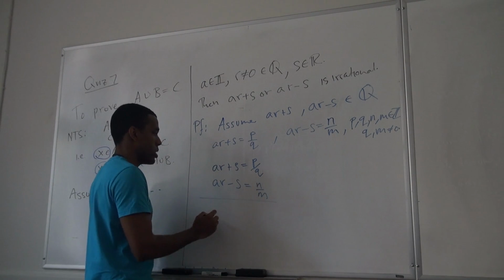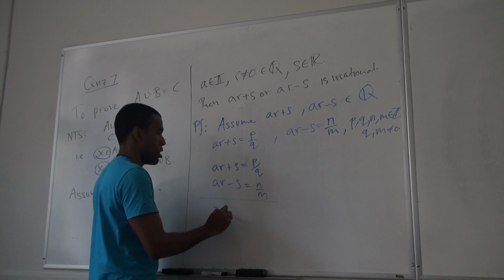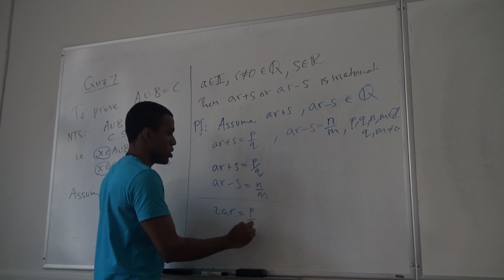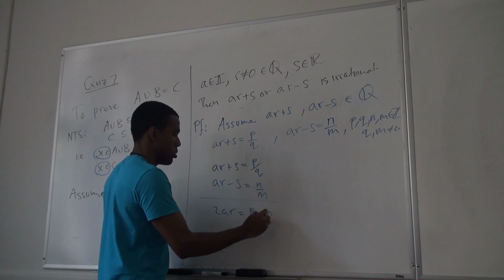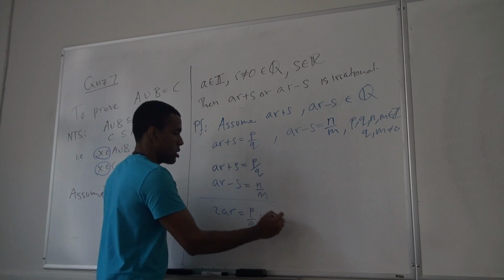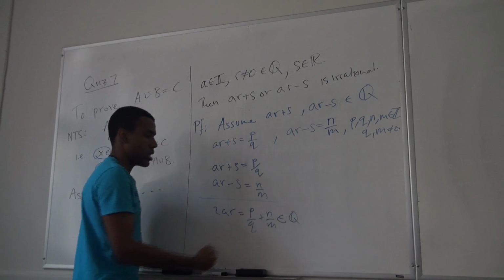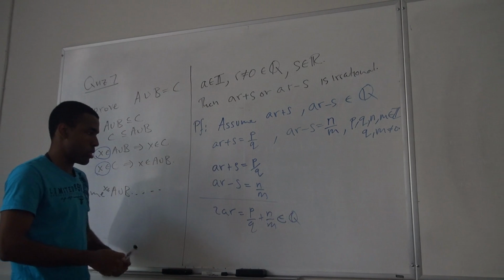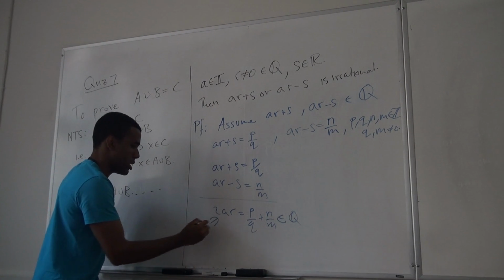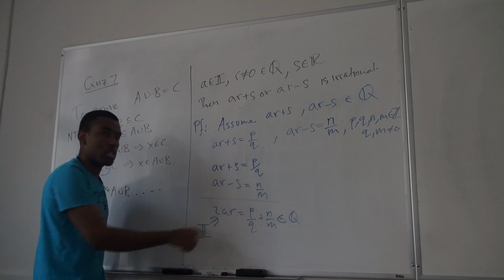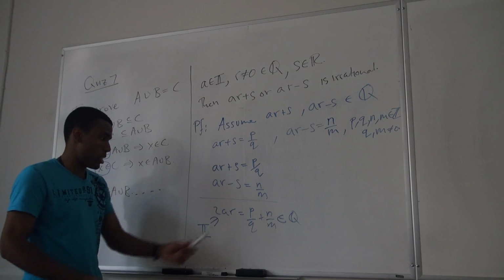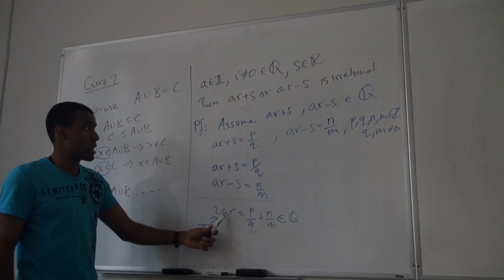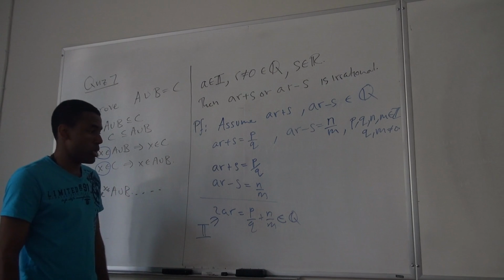So you add these two equations and you have 2AR equal to P over Q plus N over M. This is obviously a rational number on the right side because you're just adding two rational numbers, but the left side is actually irrational because A is irrational, and we proved earlier that an irrational times a rational is irrational.